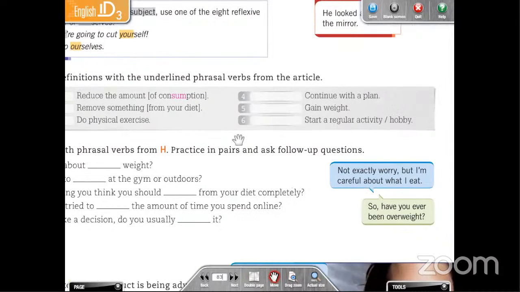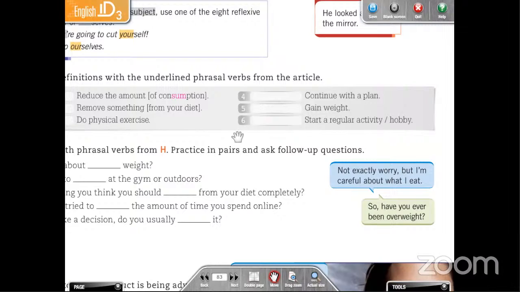Continue with a plan. Stick to. Stick to. Yes, we can mention that. Gain weight. What about gain weight?